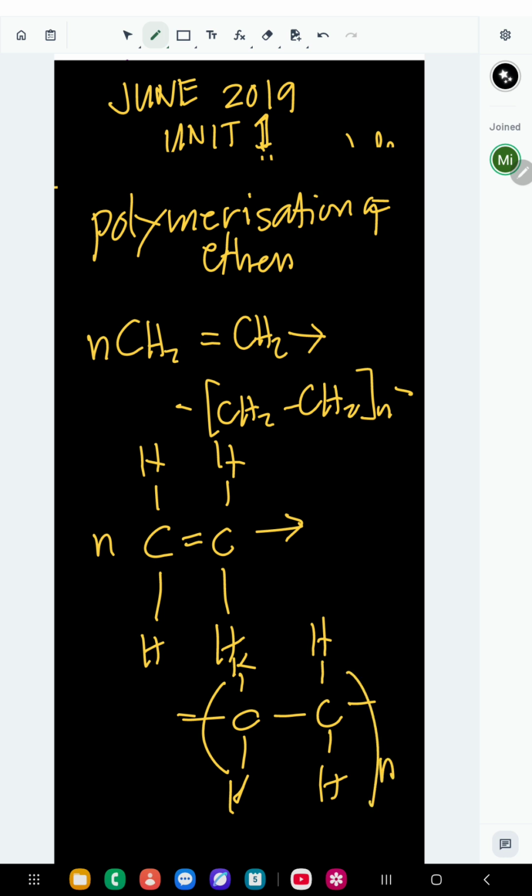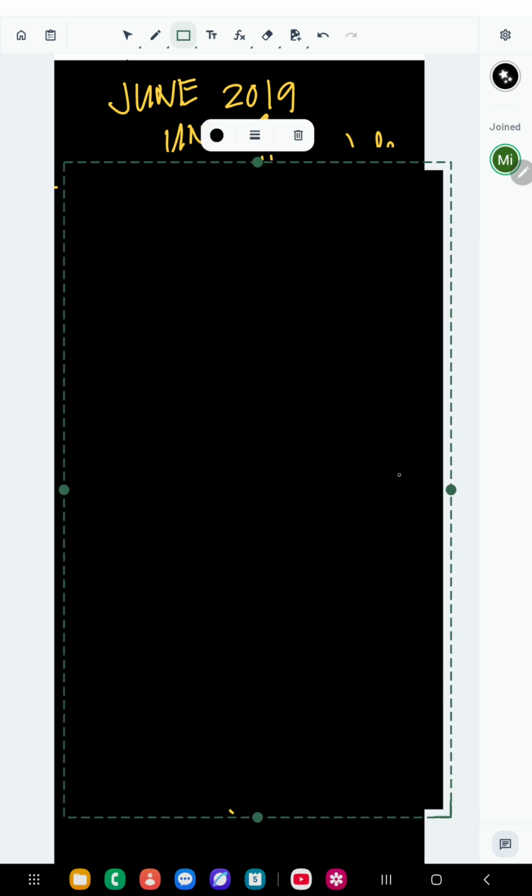All right, then next one, bananas produce ethene as they ripen. Okay, so just one advantage and one disadvantage of using ripening bananas as a source of ethene for polymer production. So let me check. One advantage and one disadvantage.